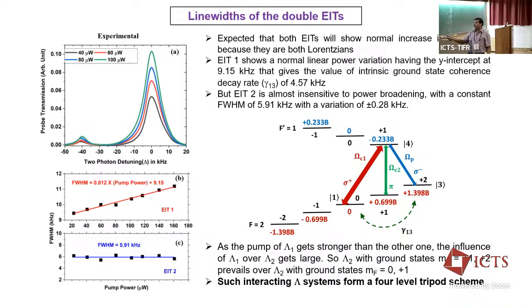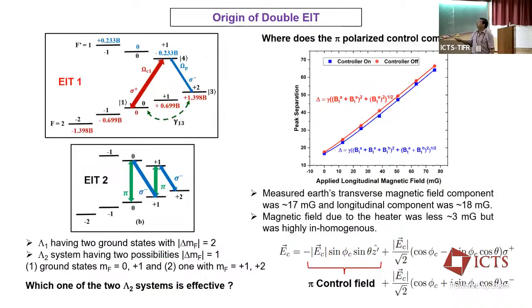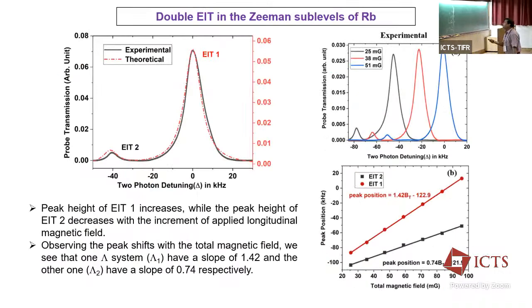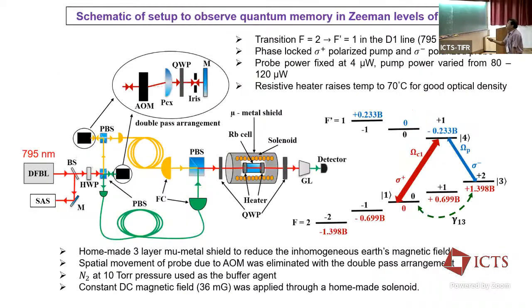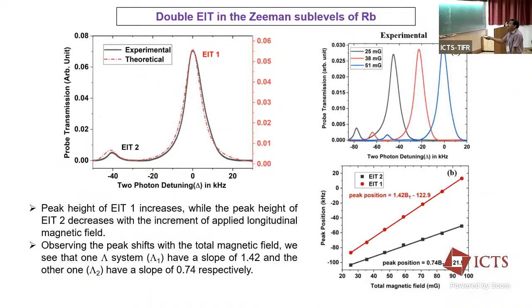So this feature that it doesn't change is not there when you have a really 45-degree quantization axis, having turned off your longitudinal field. If you go to a very strong longitudinal field, then this will slowly diminish and become very small. That is true. But with the magnetic field that we started with, 36 milligauss, which was just an arbitrary magnetic field, we saw this feature.